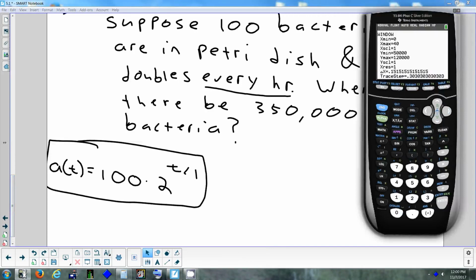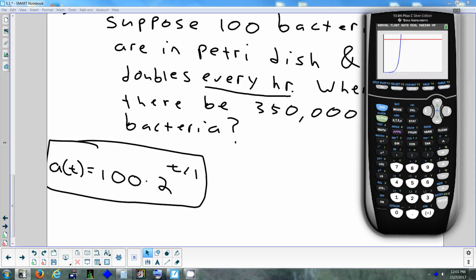I do need to adjust my window, though, to go up to 350,000. So I'm going to do 400,000. Minimum amount of bacteria that I could have is 100. And let's look at up to 40 hours of time going by. Okay, so I didn't need to go that far.